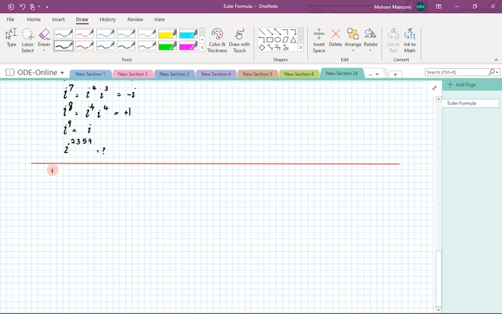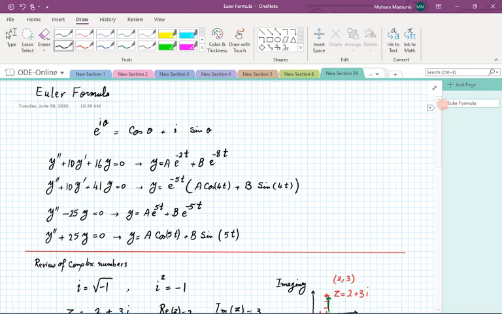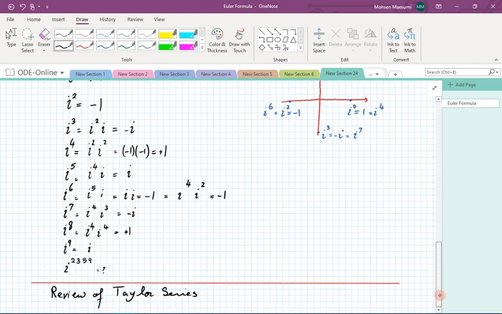So here I'm going to do a quick review of Taylor series. Before we get lost in the algebra, we are trying to explain a bridge between these two, or an umbrella that's going to put all of them under the same canopy.